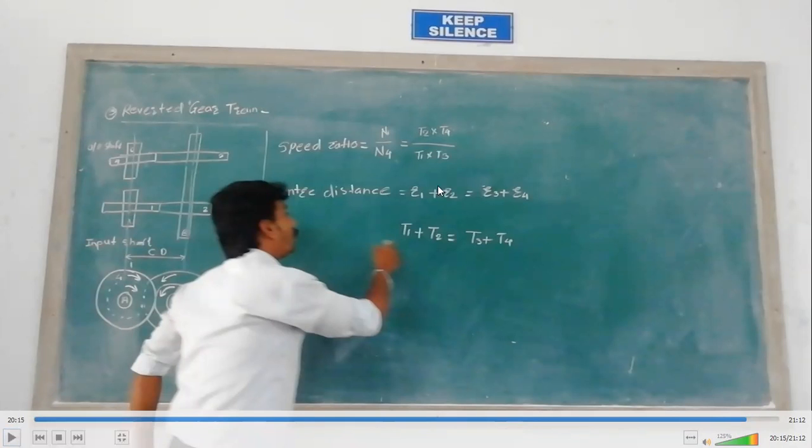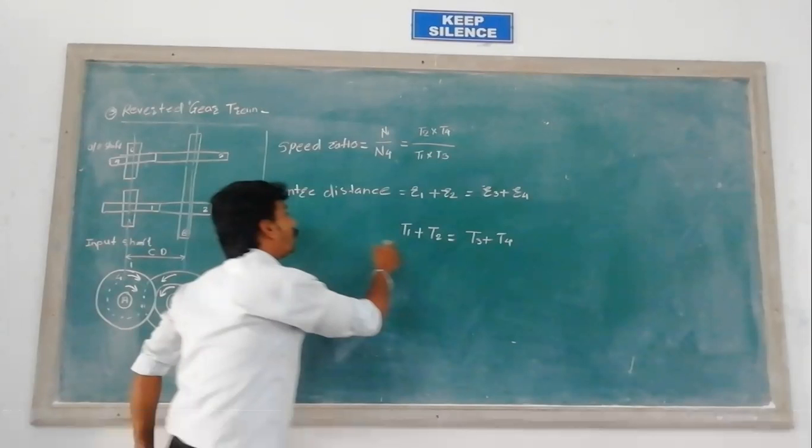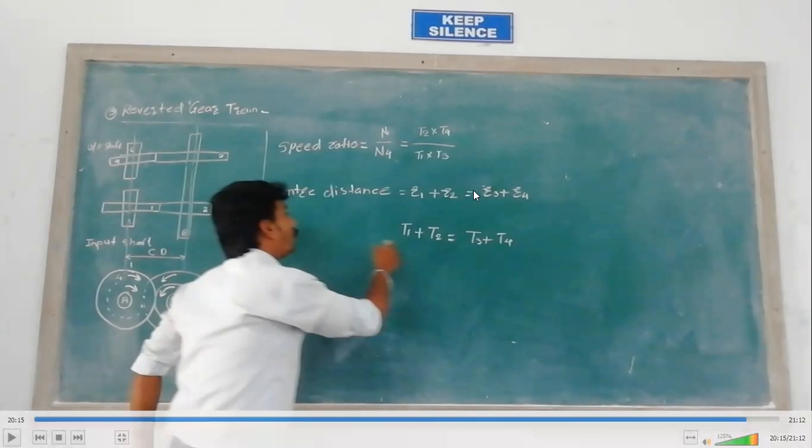Otherwise this equation is not applicable. But in a gear train, the circular pitch and module of the gears are always the same. Therefore, this equation is useful while solving numericals.